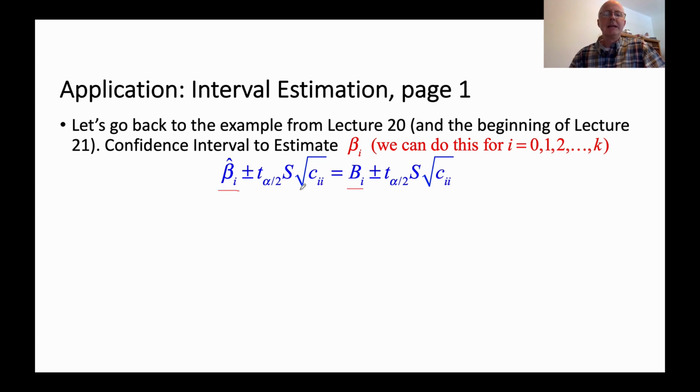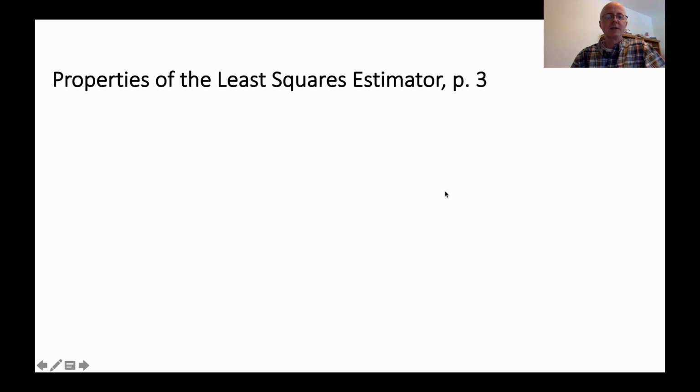So these are just two different symbols for the same thing. Statistical estimators, plus or minus a margin of error. And the margin of error is always the same kind of type. It's like a z or a t value. In this case, it's a t value with n minus k minus 1 degrees of freedom, which I should have mentioned here, but I forgot, times the standard error, s times the square root of CII, because that's your estimator for sigma times the square root of CII, where CII, again, is an entry on the main diagonal in the I plus first row and also I plus first column of the matrix.